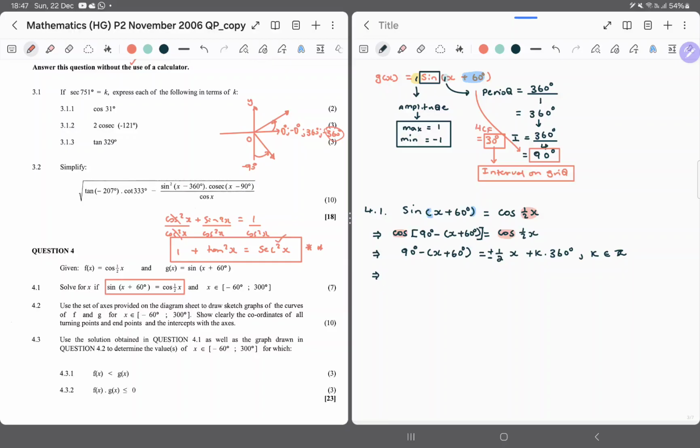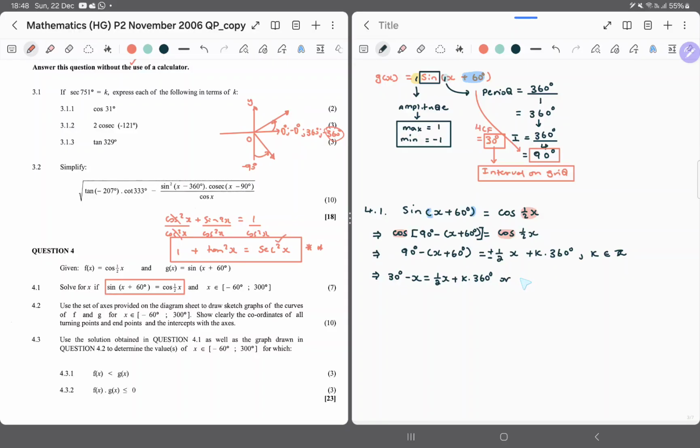Okay, we just solve. Now when we break this bracket, it's going to be 90 minus 60. Then we can split the solution. 90 minus 60 is going to be 30 degrees. So 30 degrees minus x is equal to, we can choose the positive version, plus k times 360 degrees.